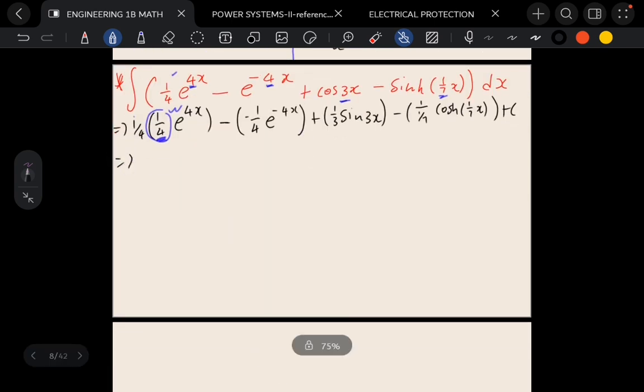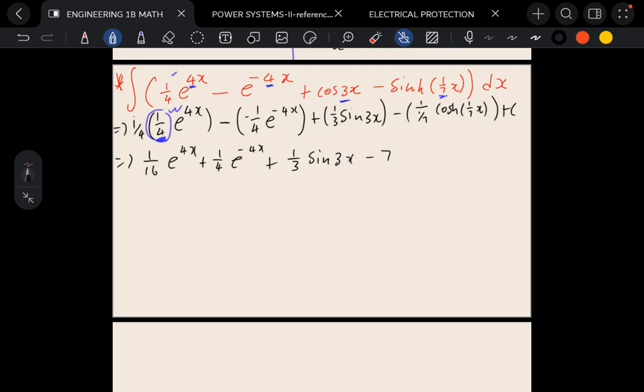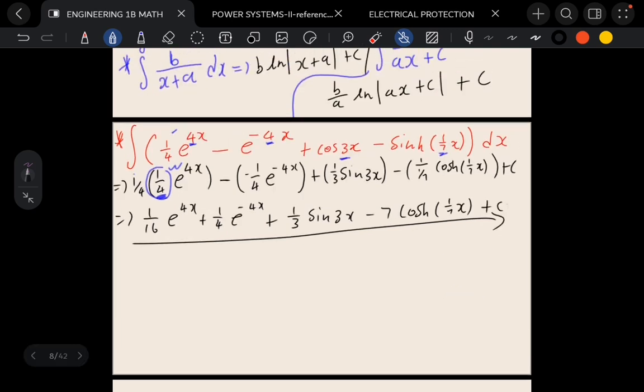So here I'm going to have 1 over 16 e to the power 4x plus 1 over 4 e to the power minus 4x plus 1 over 3 sine 3x, and then minus 7 cos 1 over 7x plus c. So this is the use of formulas.